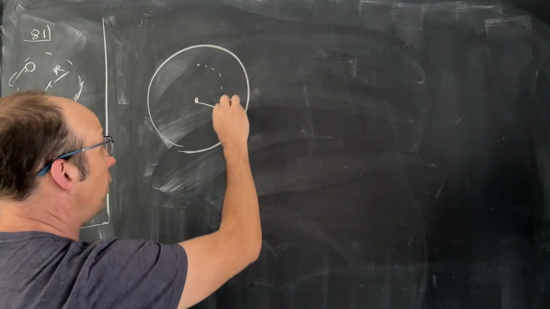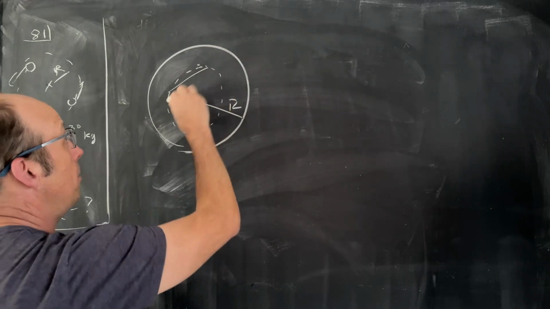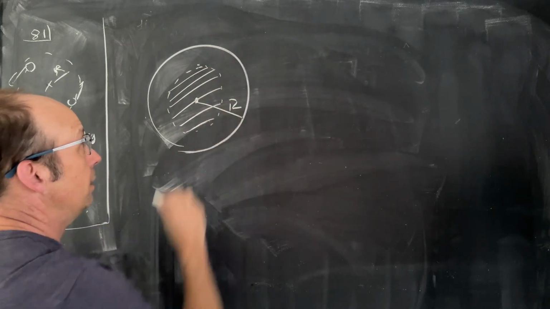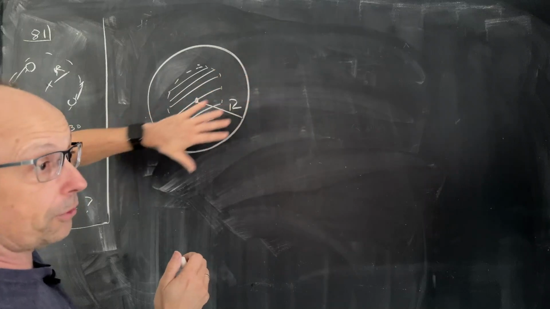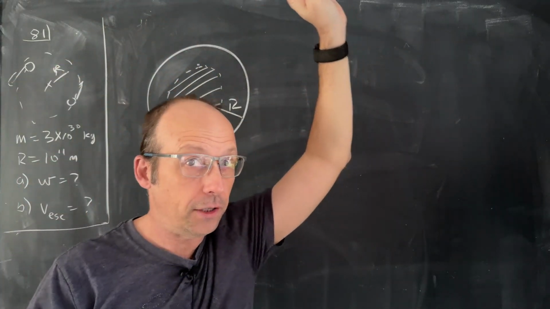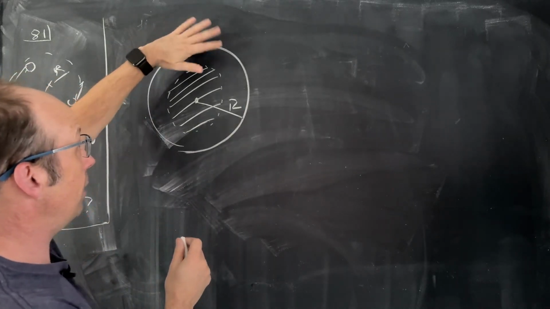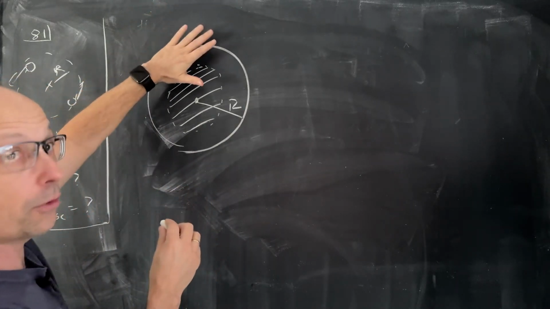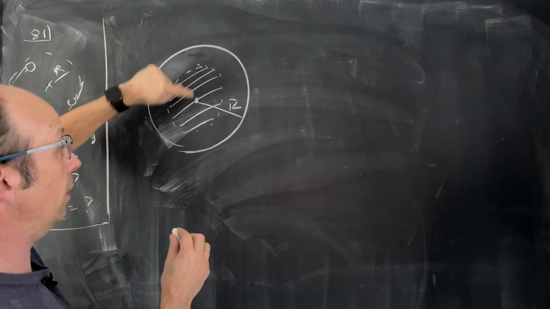Well, it turns out, through some complicated math, that the only mass that matters is the mass that's closer to the center. So if you break this up into a bunch of individual point masses and add up the gravitational field through superposition, these outside pieces are going to contribute more, they're going to be stronger gravitational fields than on this side.